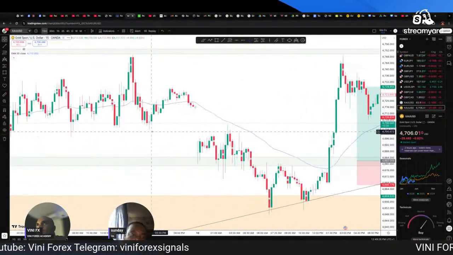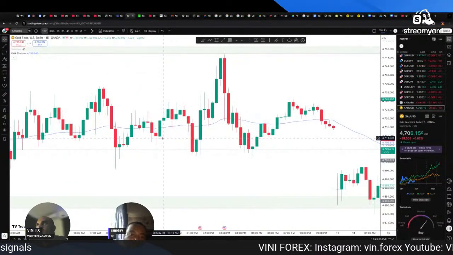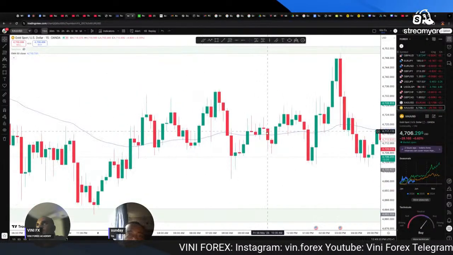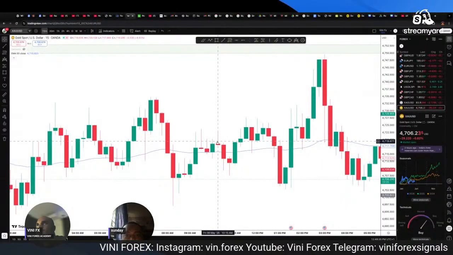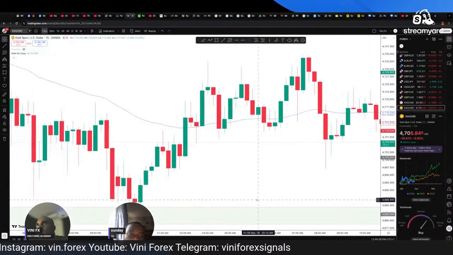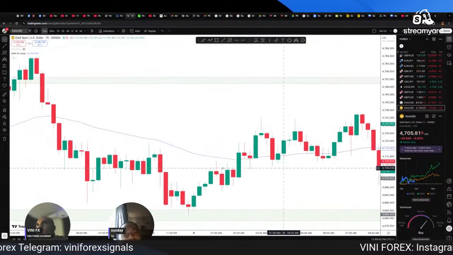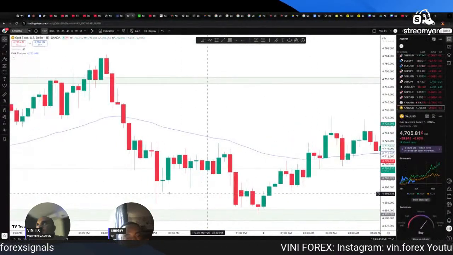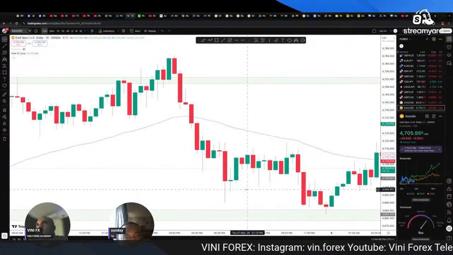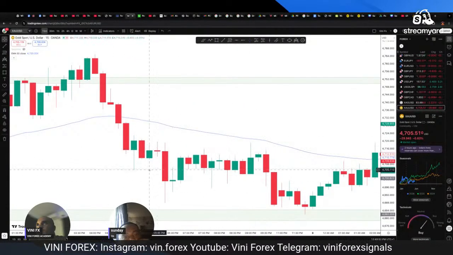That's a hammer there. So you can identify them. This is also a hammer. This one is a hammer. This one also is a hammer. This is also a hammer. Yeah, this red and green there too. Yes, sir. You can see them, right? This one is a doji, not a hammer. This one is a doji too, I know.